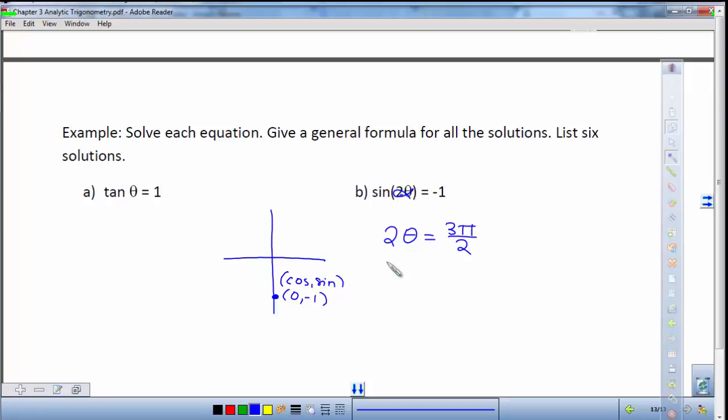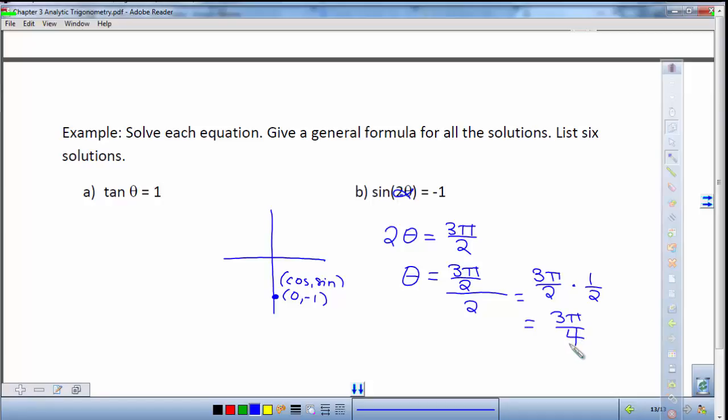Okay, so then we divide both sides by 2. If I'm dividing by 2, I'm going to write this out since we had discussion about this. That's the same thing as multiplying by the reciprocal of whatever it is I'm dividing by. So times 1/2. So we get 3 pi over 4.